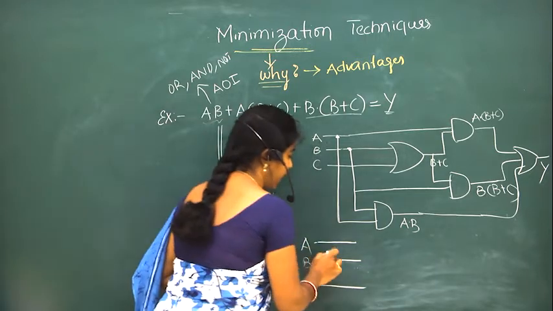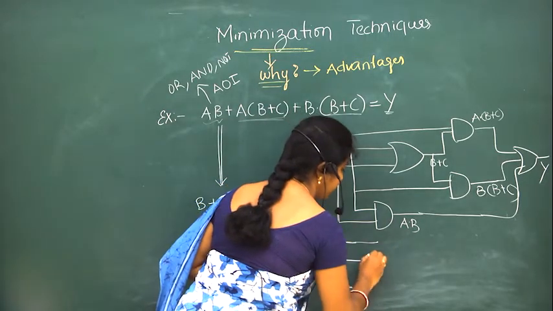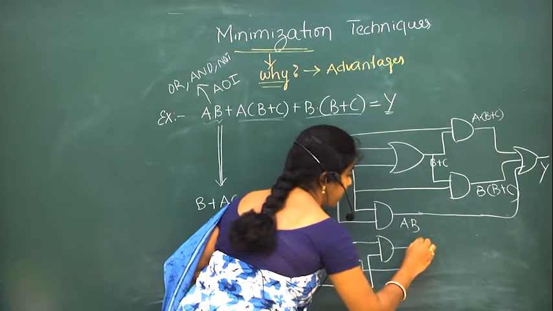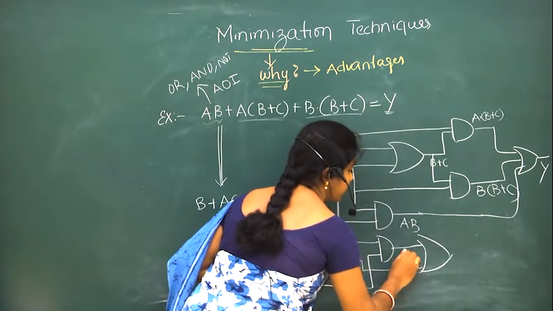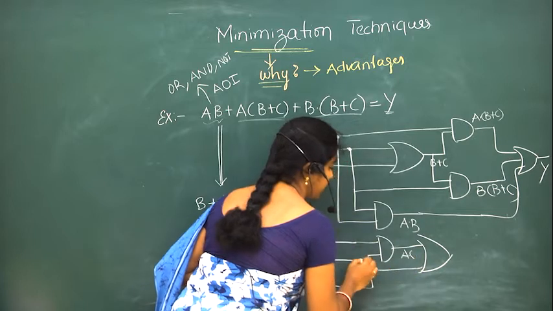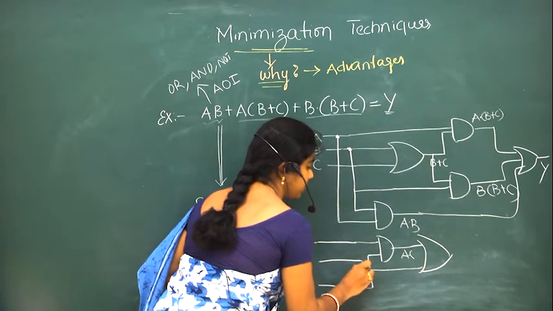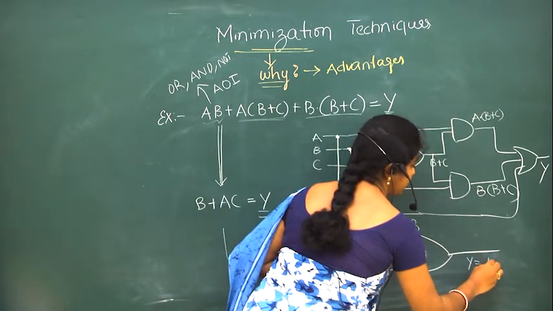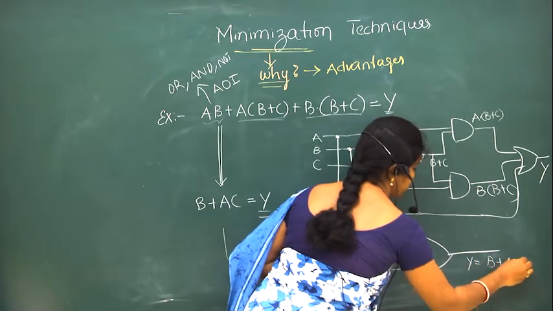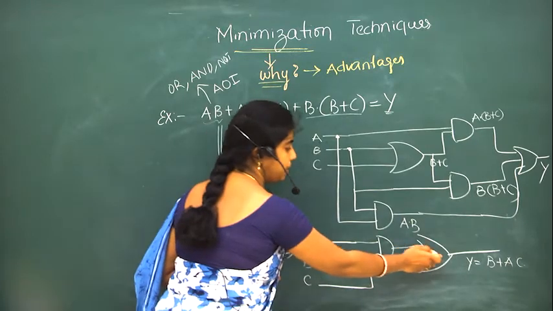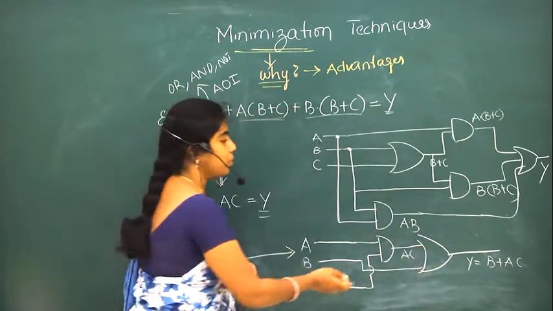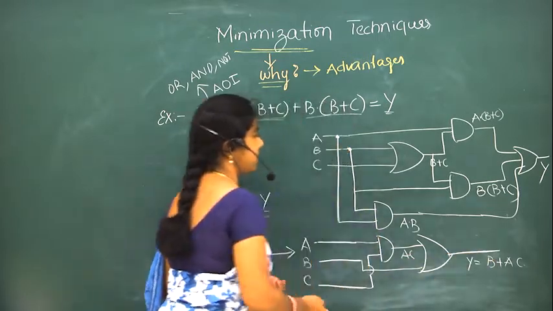A and C are ANDed, and this is ORed with B. This is A dot C, and the Y is nothing but B plus AC. The OR gate inputs are B and AC, so output Y is equal to B plus AC.